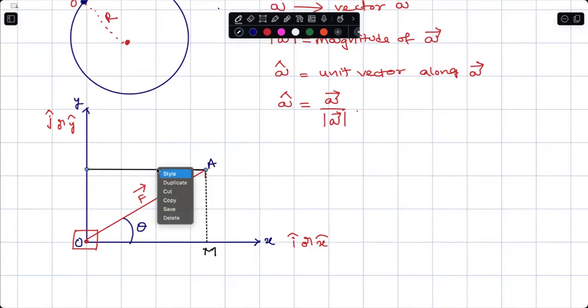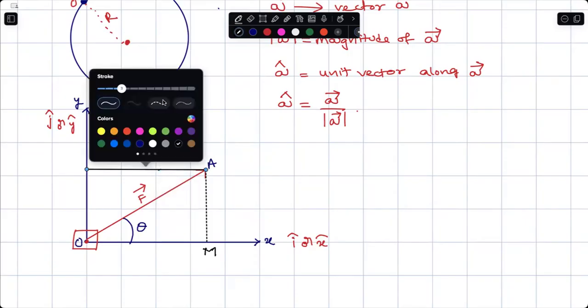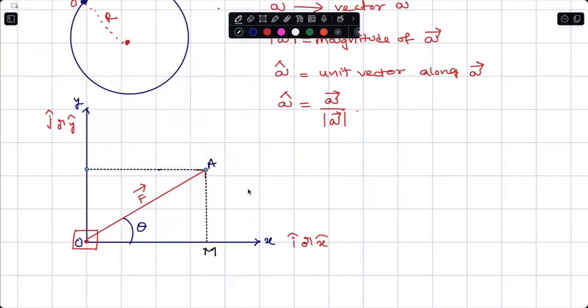This will intercept the y-axis at point N. The geometry says that OM is OA cos theta according to trigonometry. Similarly, ON, which is the same as MA, is OA sin theta. I am just taking right angle triangle properties from trigonometry.